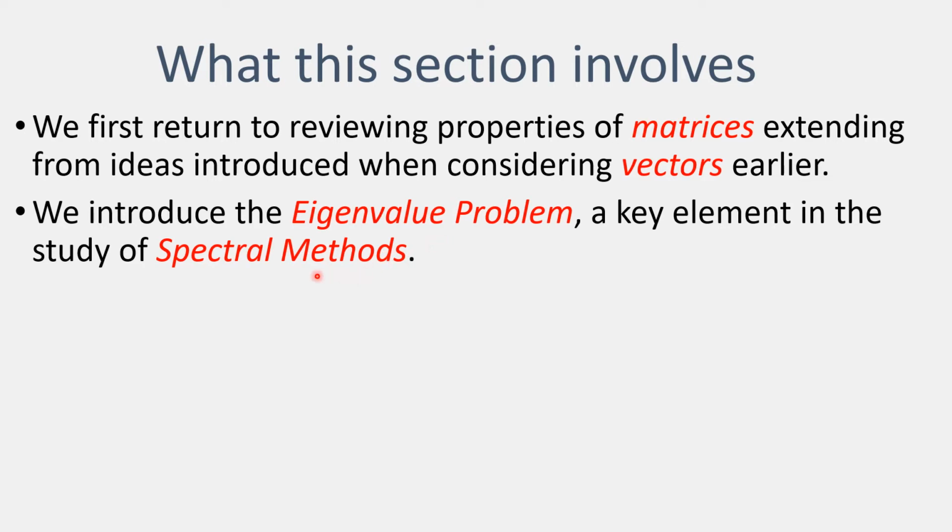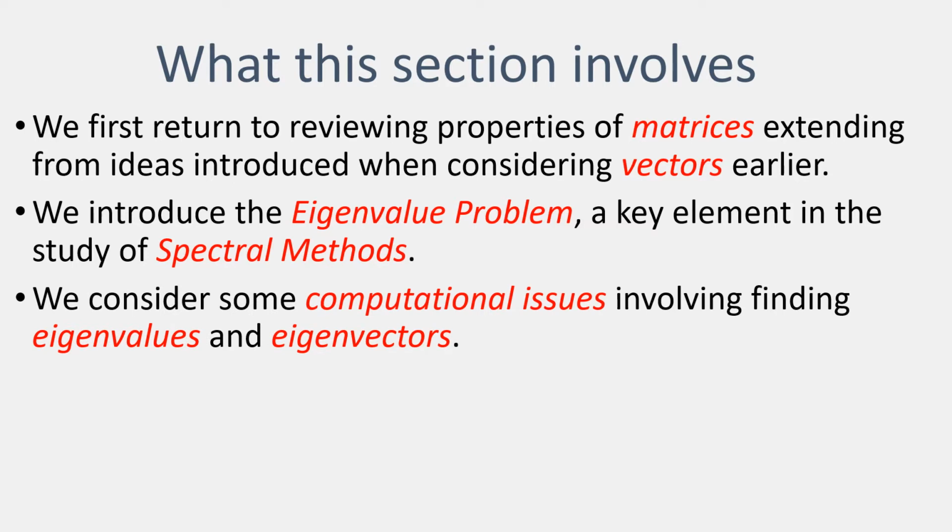And this is a key notion when we are studying spectral methods. I'm going to consider some computational issues that arise when we are trying to find what are called eigenvalues and eigenvectors.